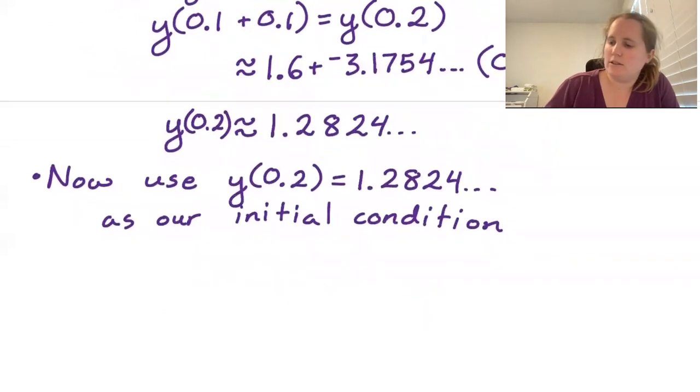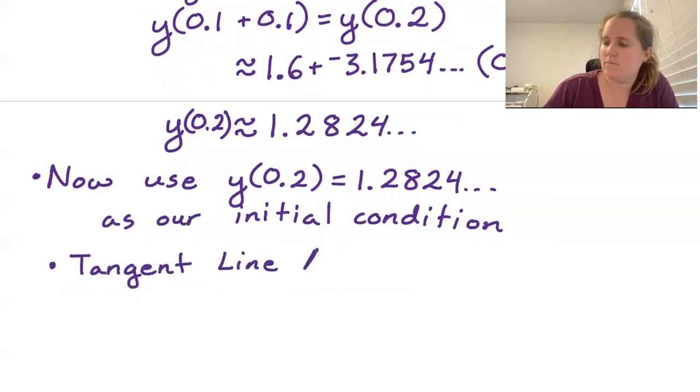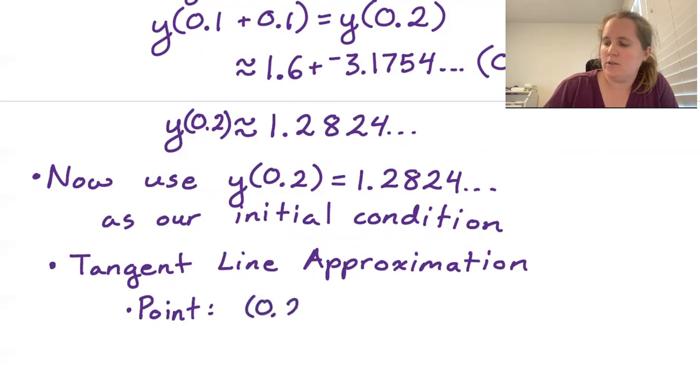So to find our tangent line approximation, we will have a point of 0.2, comma, that 1.2824 found previously.